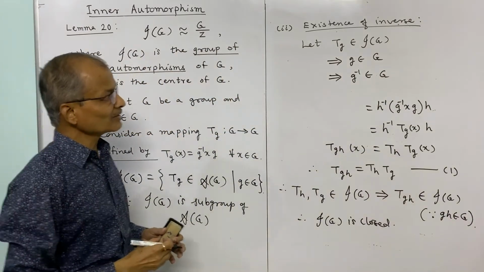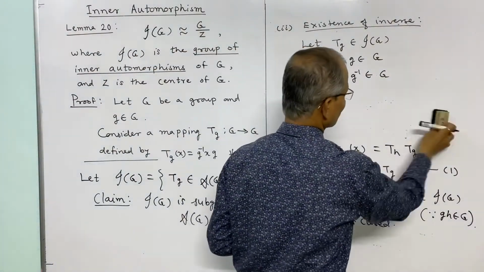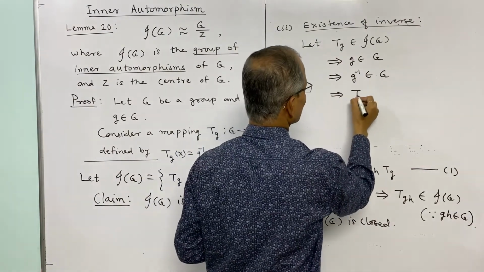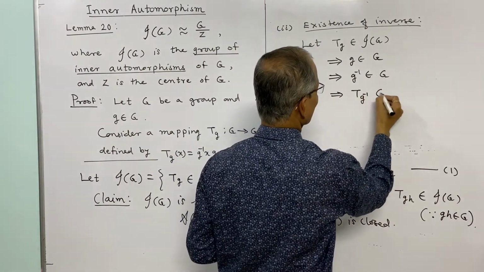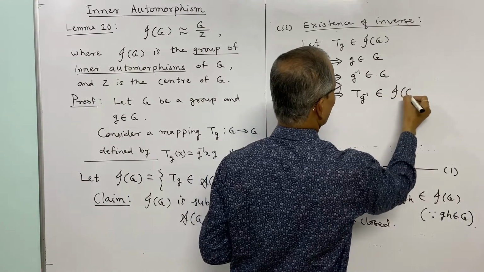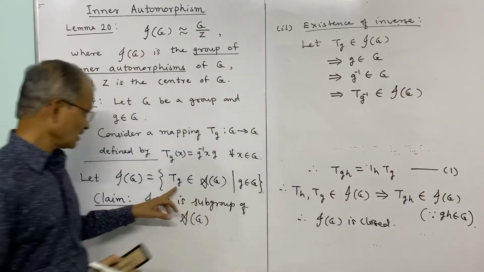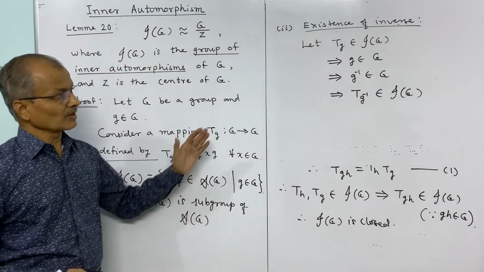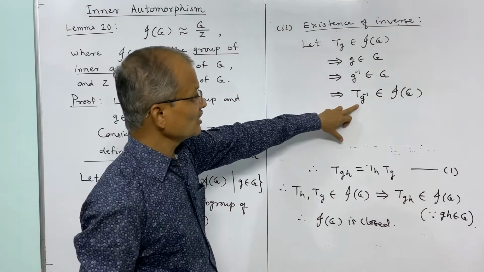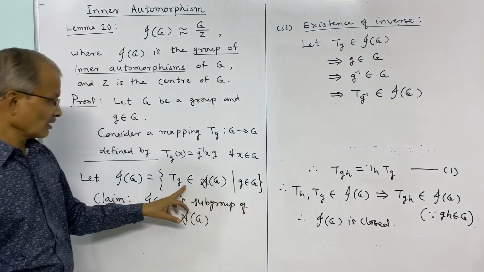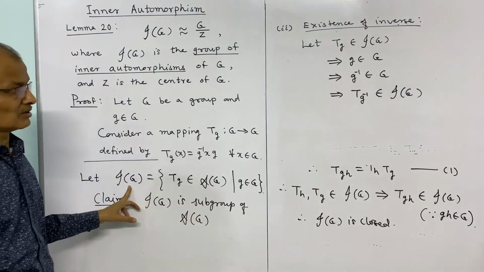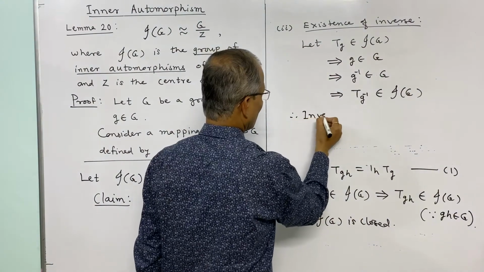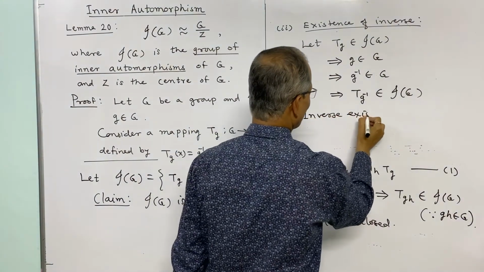And if G inverse is in G, Tg inverse is in Ig. So this implies Tg inverse belongs to Ig. So by definition of Ig, Tg inverse is an automorphism. G inverse is in G, therefore Tg inverse is in Ig, and thus inverse exists for every element.